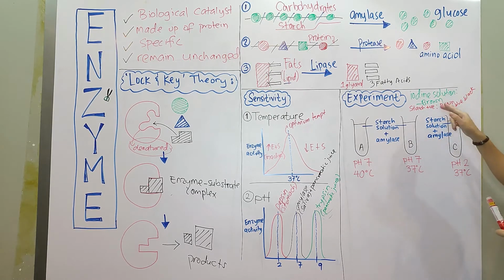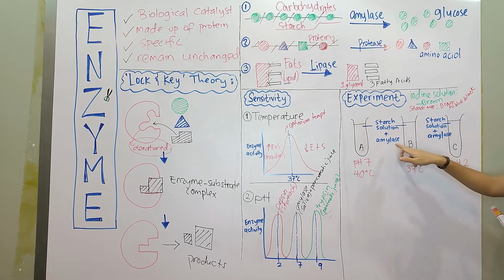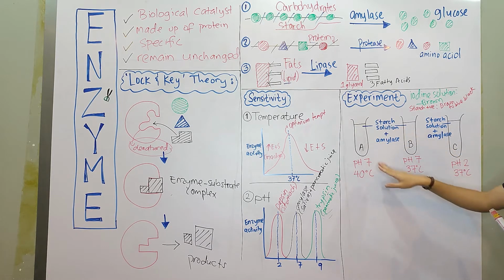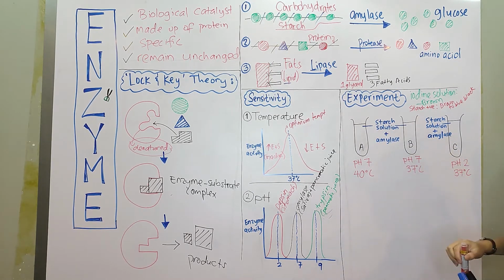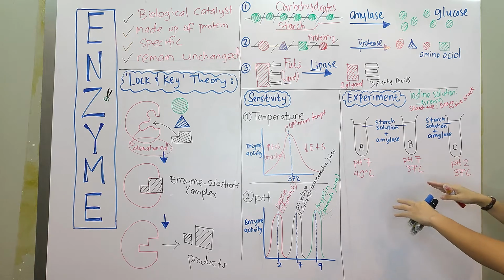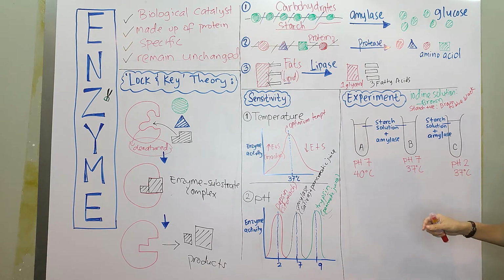So this one also you need to know. Usually the most popular one is amylase and starch. Then they give different pH and different temperature. So let's go one by one. Maybe the question will be, there are 3 test tubes labeled A, B, and C. They contain starch solution and also amylase.